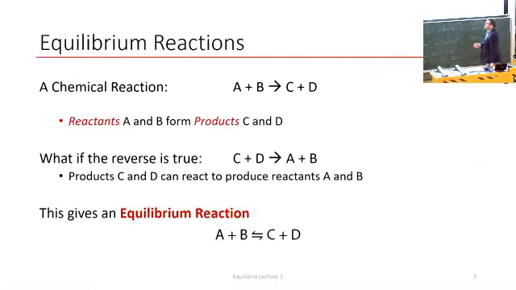Okay, so in very simple terms, which I'm sure you know from school, we have a chemical reaction where reactants react to form products, and if the reverse is true, and the reverse is always true, but the extent to which it is true is the principle. In other words, where the products that we form can go back and form the reactants. This gives what we call an equilibrium reaction.